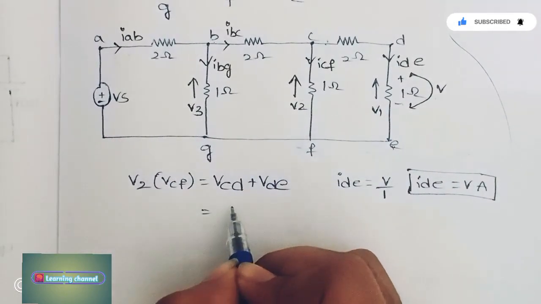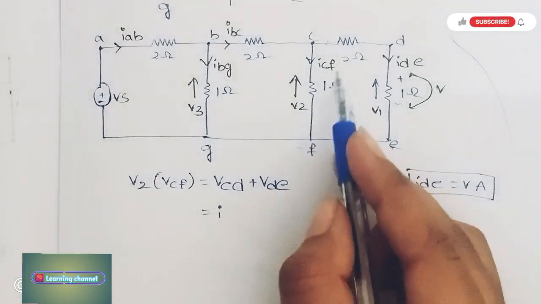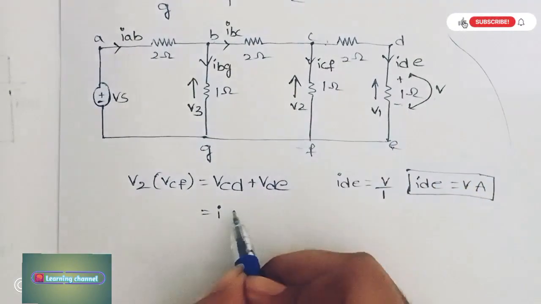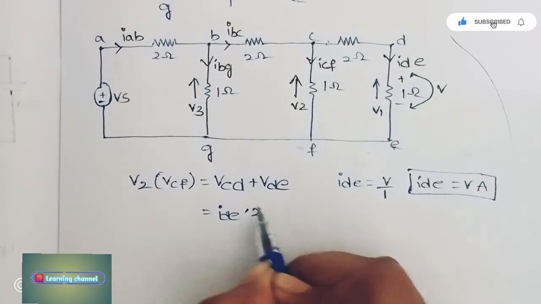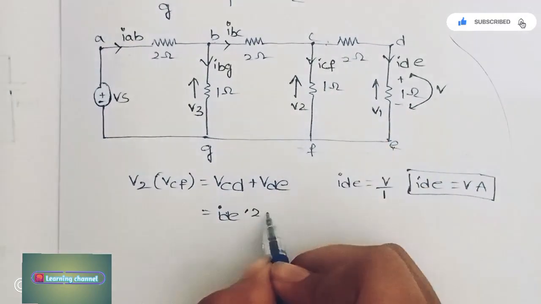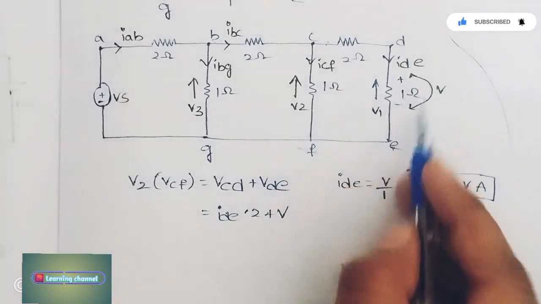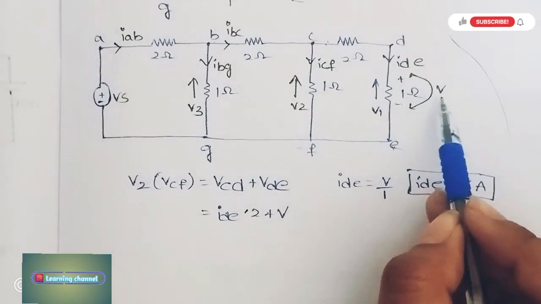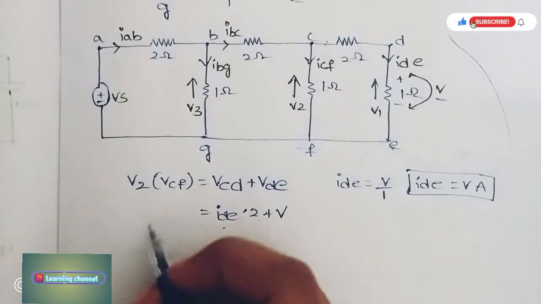By applying Ohm's law, VCD is equal to the current flowing, IDE, into 2 ohms, plus VDE, which is V. So we already have the voltage value as V. So IDE into 2 plus V.